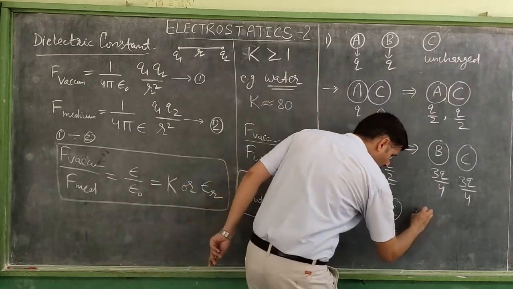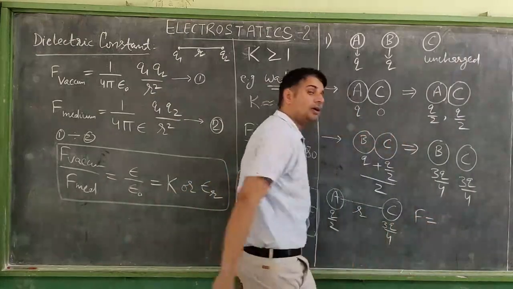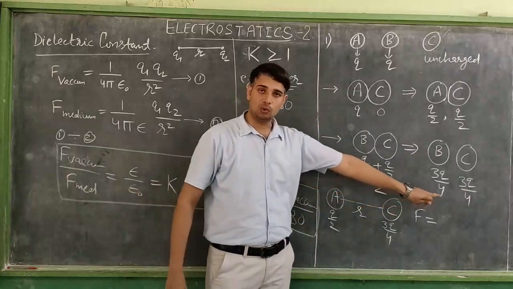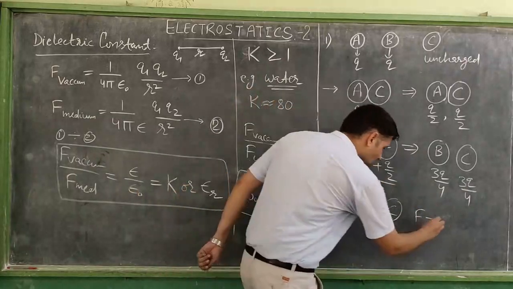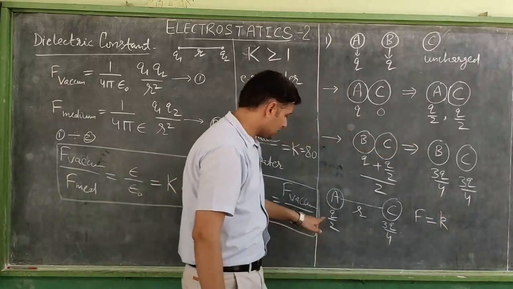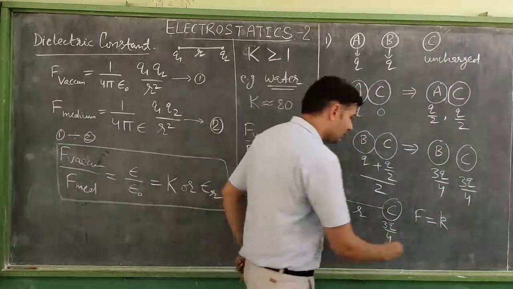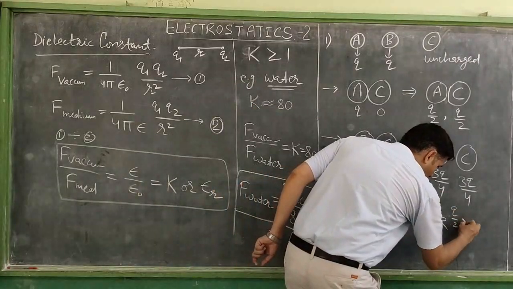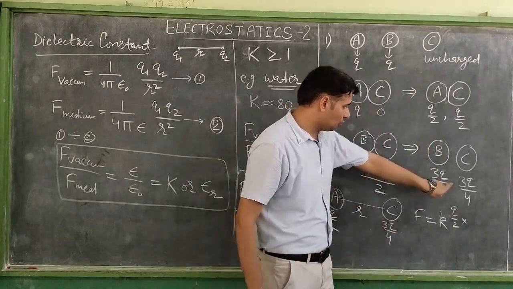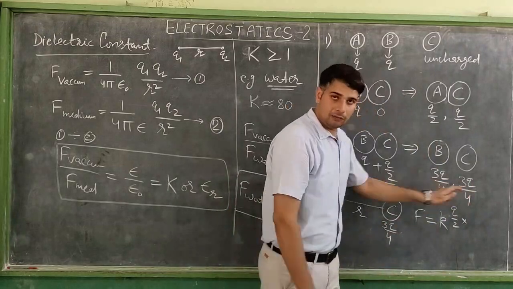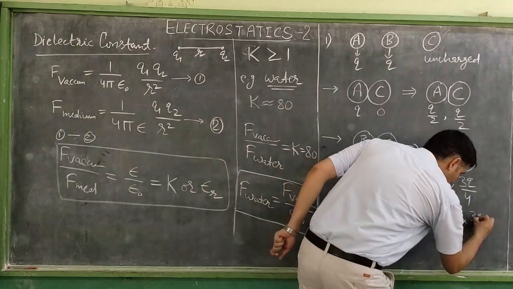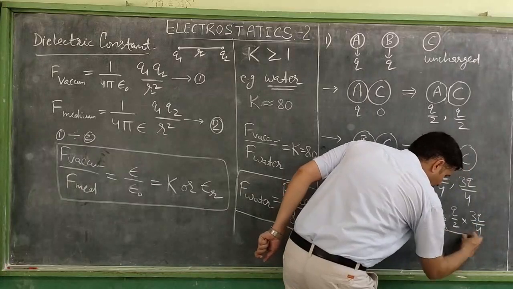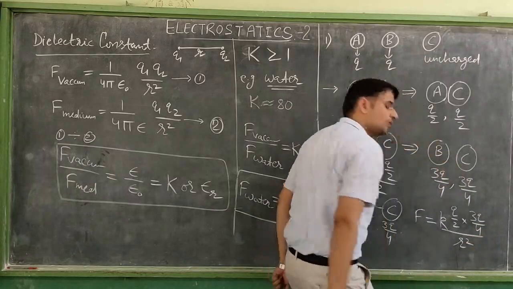So force will be equal to what? Again the same formula, K Q1 Q2 divided by r square. Q1 is Q by 2, and Q2 is 3Q divided by 4. Divided by separation r square.